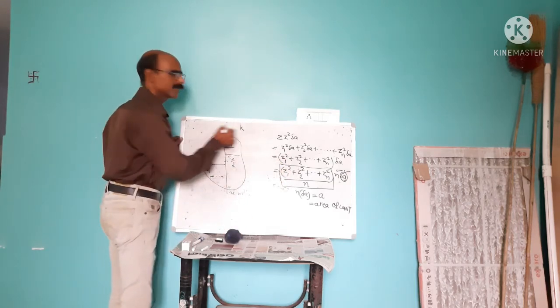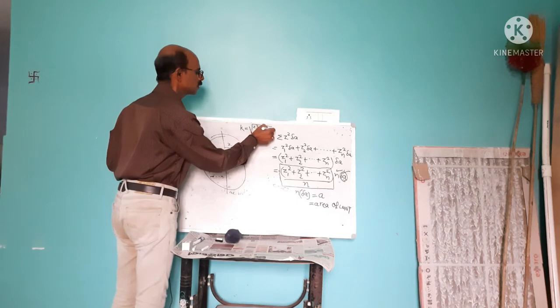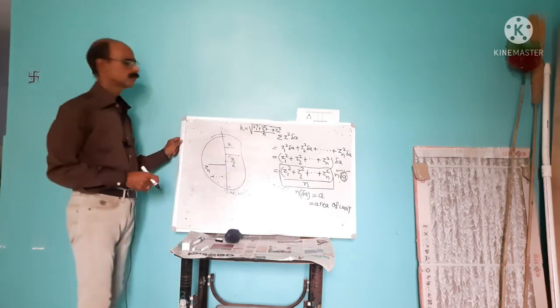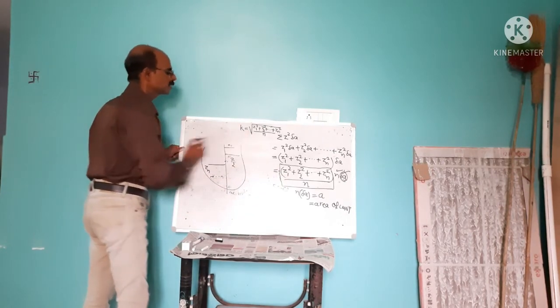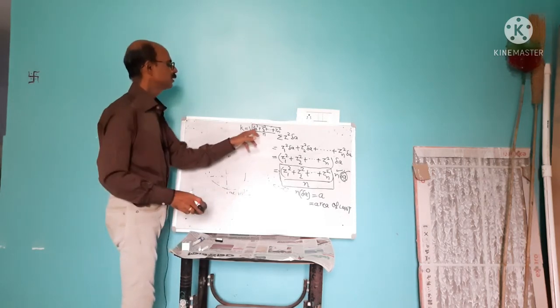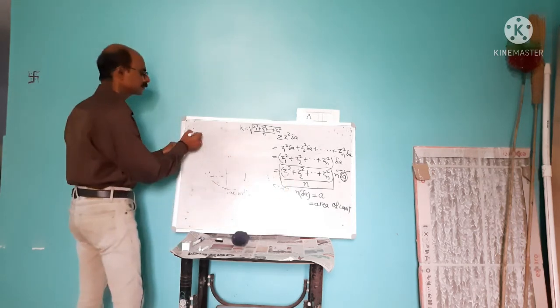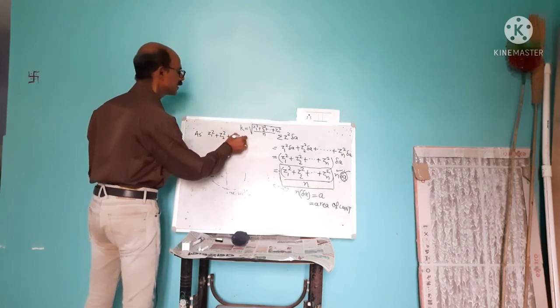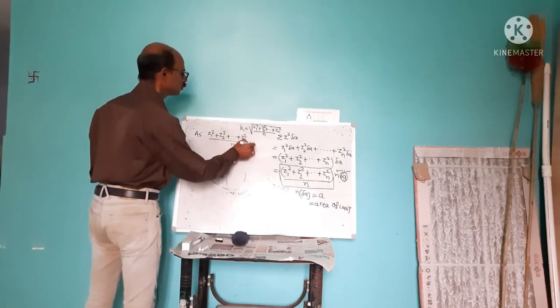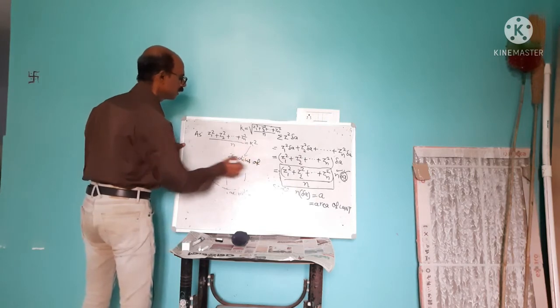Radius of gyration is denoted by k, and k square is equal to Z1 square plus Z2 square plus dot dot dot plus Zn square divided by n, where k is the radius of gyration.